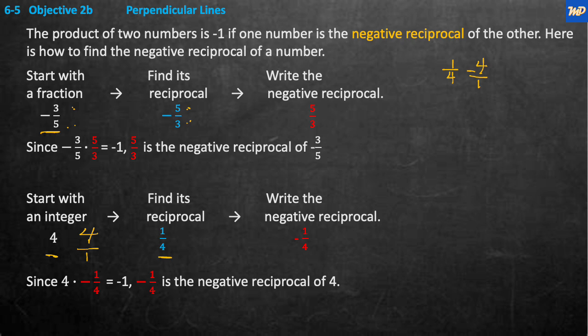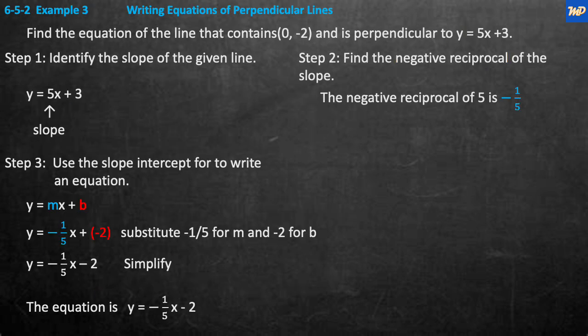It could come up positive or go negative. Since 4 times -1/4 is equal to -1, the answer, -1/4, is the negative reciprocal of 4. Okay? Good.